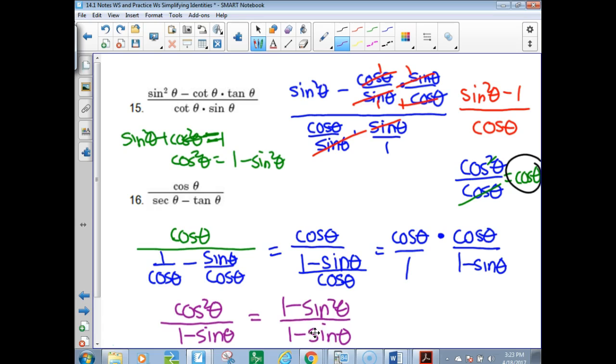So, you see this? Think about this for a minute. How do you factor that? How do you factor that? Can I factor this? 1 minus sine squared is 1 minus sine times 1 plus sine.